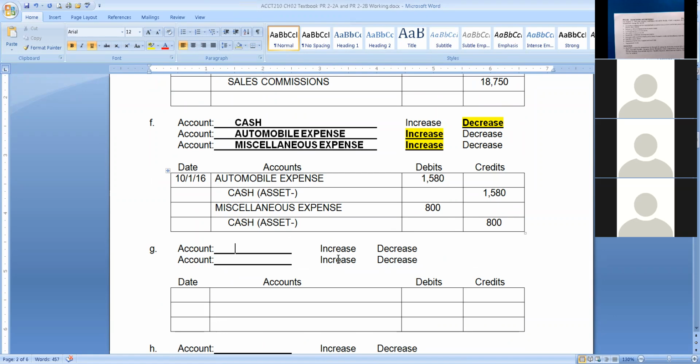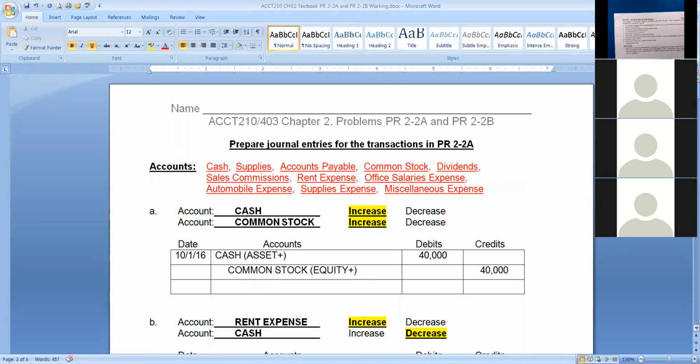Okay. G, paid office salaries, $3,500. What accounts? So we paid office salaries, $3,500. Wage expense and cash. Yep.